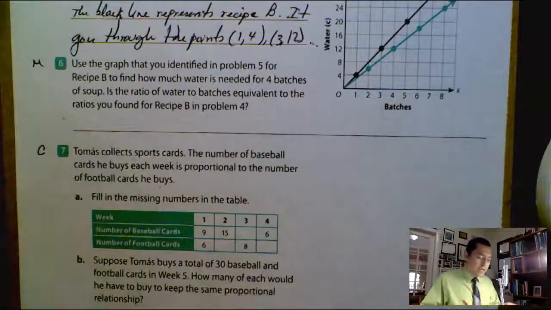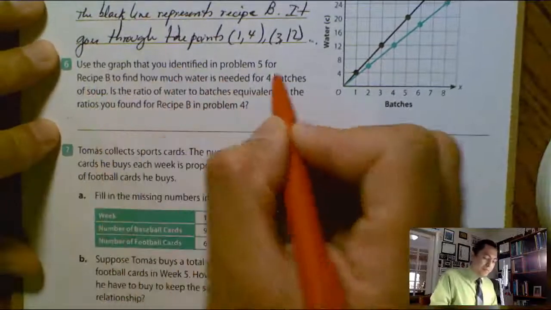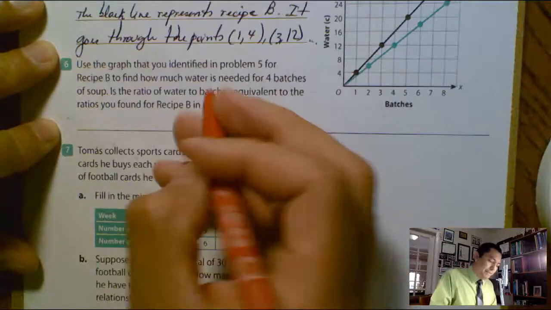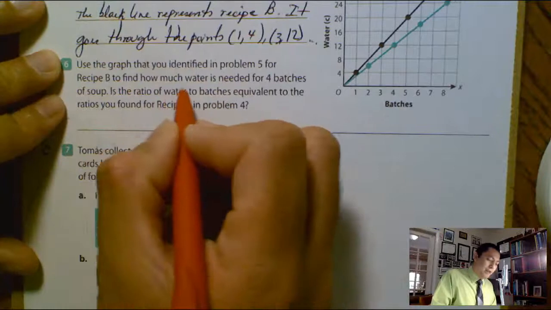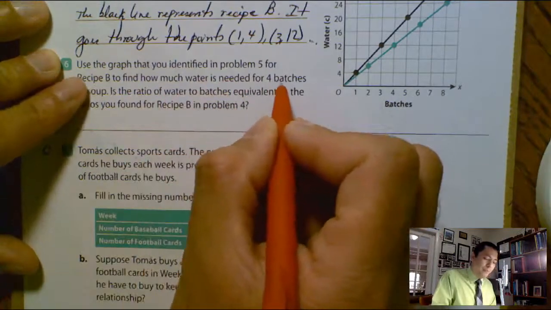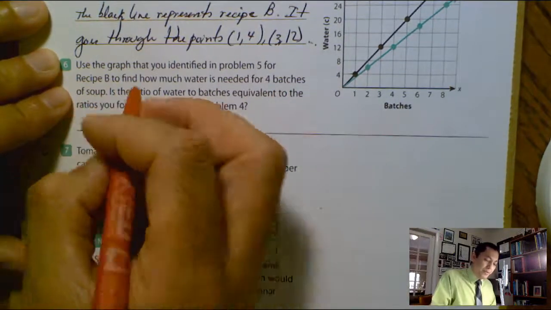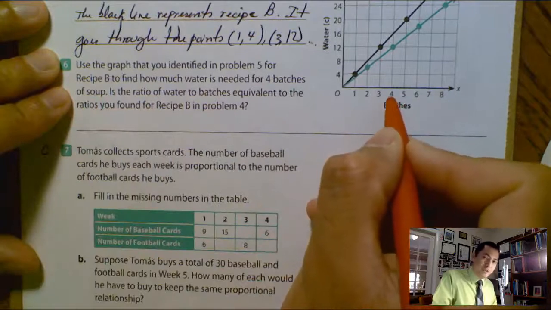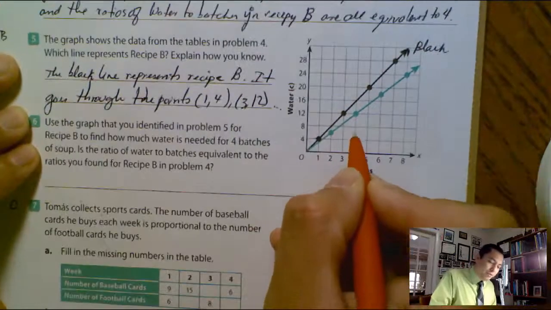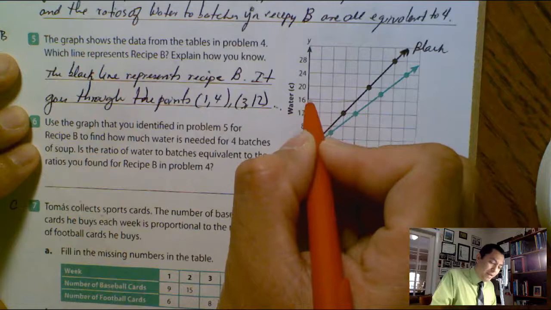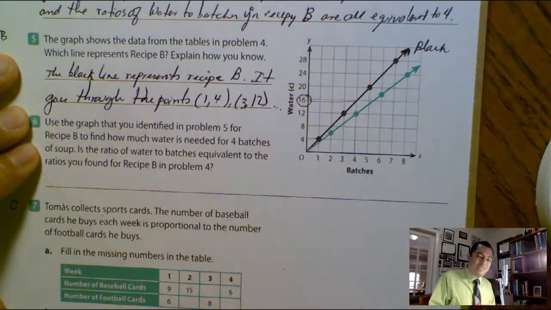Okay, number 6. Use the graph that you identified in problem number 5 for recipe B to find how much water is needed for 4 batches of soup. Look at this one, 4 batches of soup, and how many cups of water? 16. That's the way I'm using the graph.